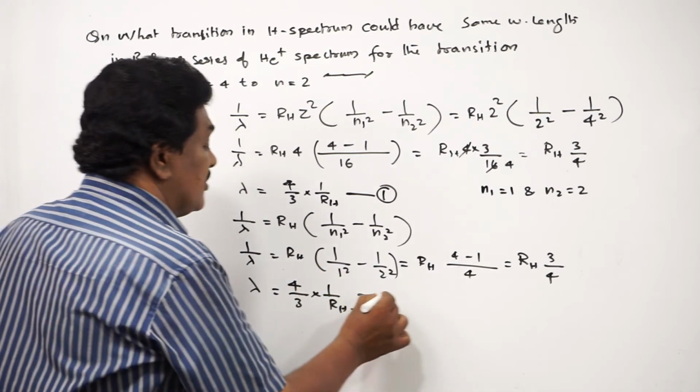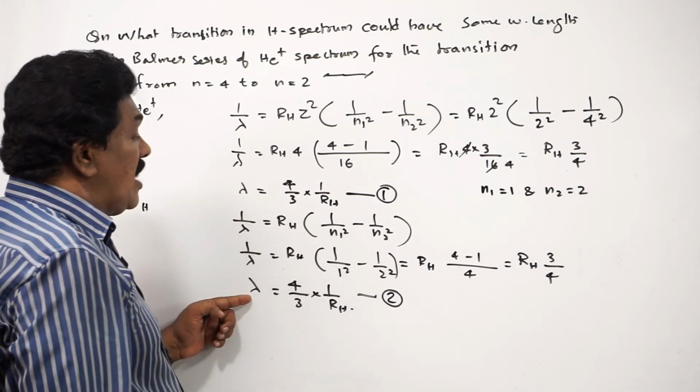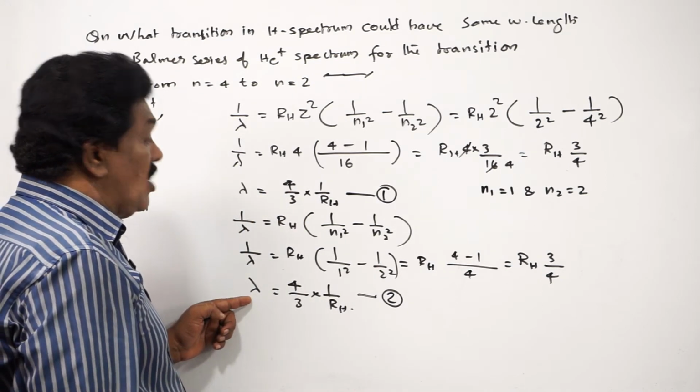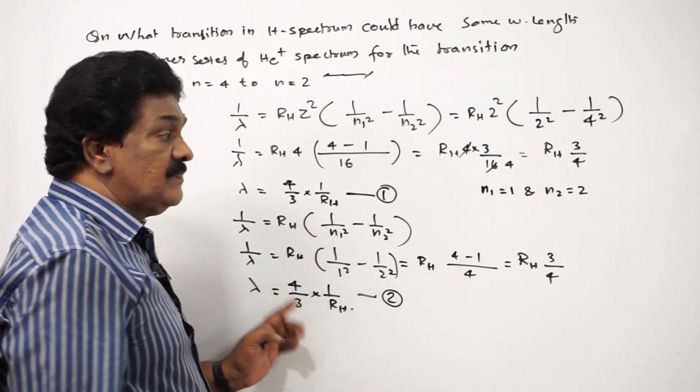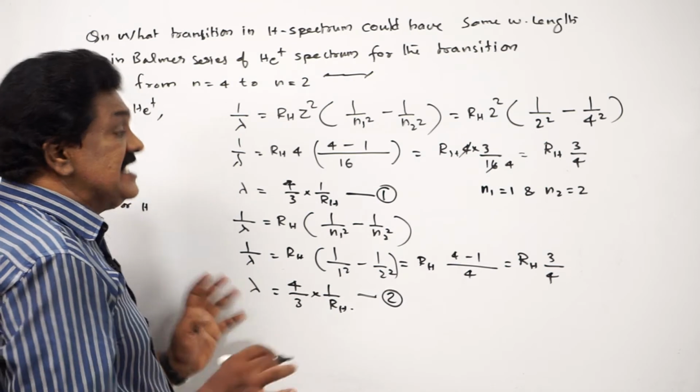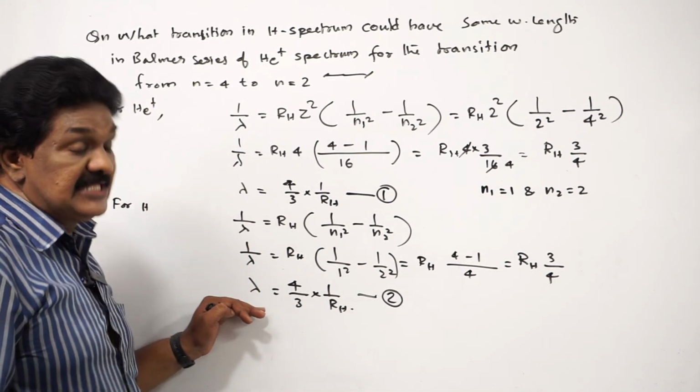That is equation 2. See, the left hand side of equation 1 and 2 are the same, and right hand sides are also the same. Therefore, it is clear that both the transitions have the same wavelength.